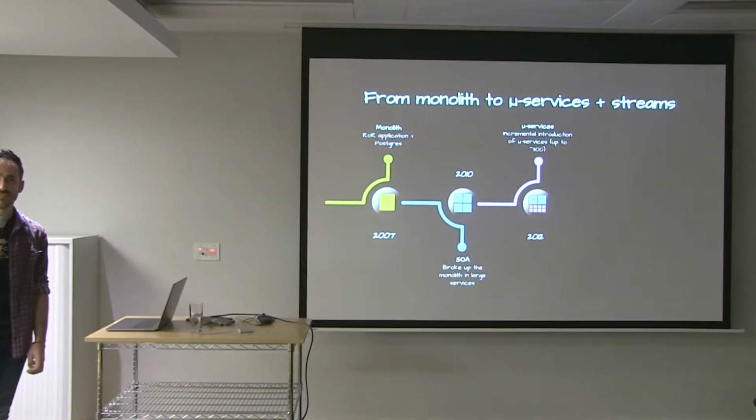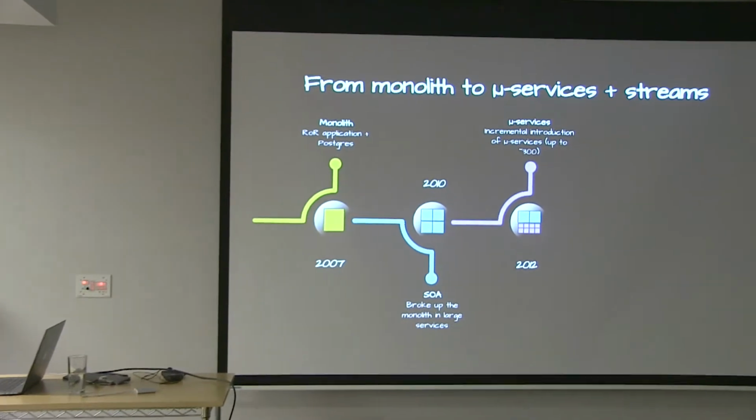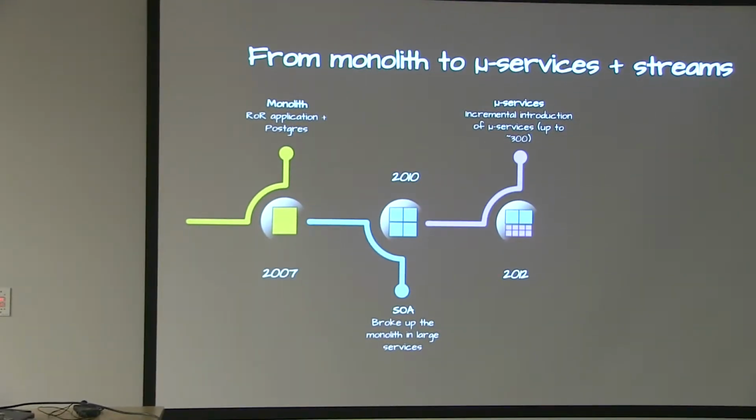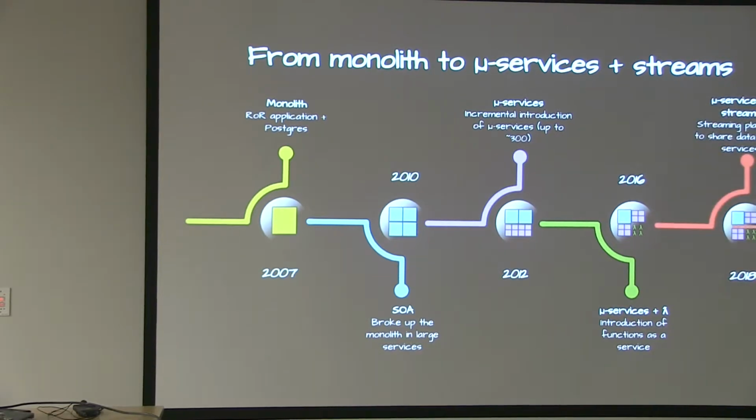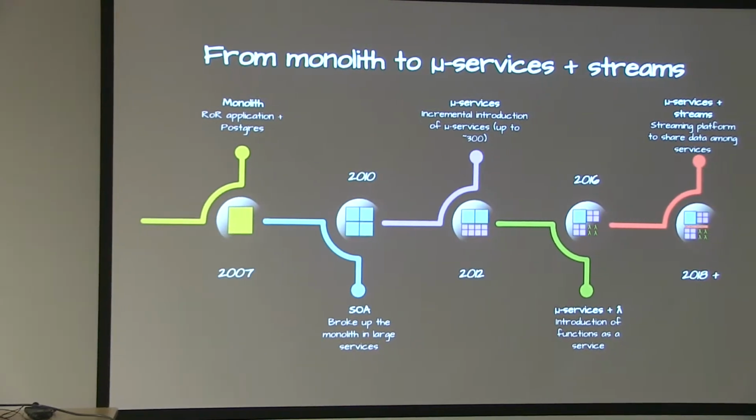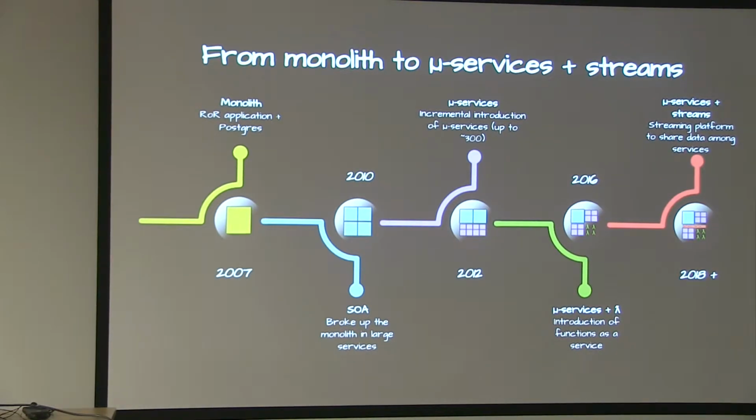I think around 2016, we had more than 300 microservices running in production. We kept the work on microservices, and we also added functions as a service. And now we are introducing the streaming platform to share data among services.